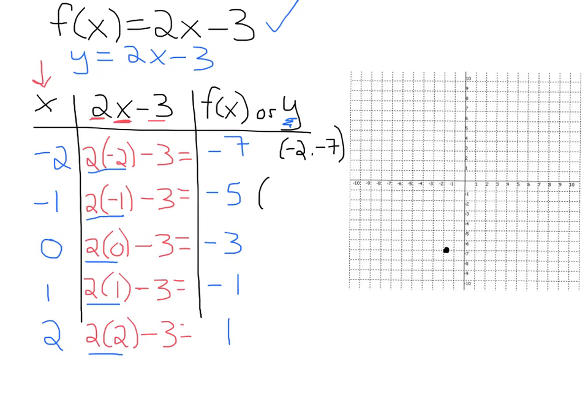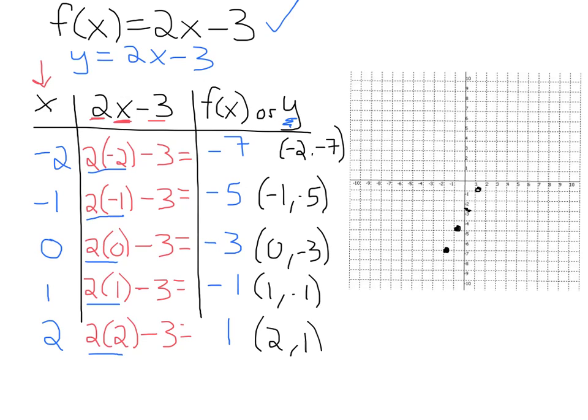The next one, you'd have the point -1, -5. So -1, -5, plot the point. The point 0, -3. So 0, -3. 1, -1. And then the point 2, 1.